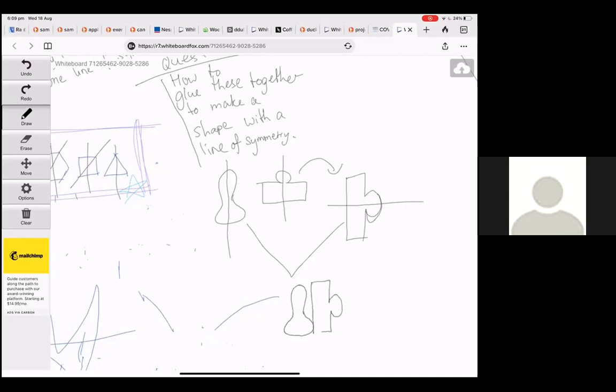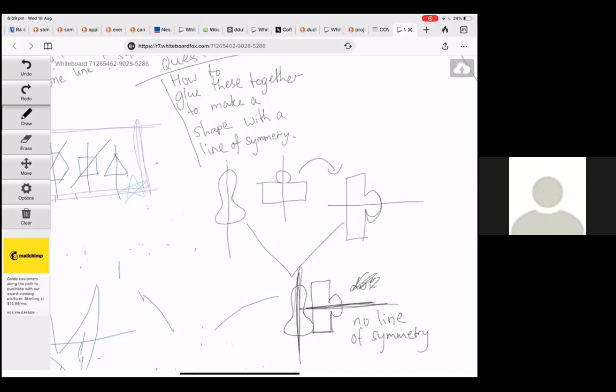Does this have a line of symmetry? No. So this has no line of symmetry because the lines of symmetry are here. That means the total shape has no line of symmetry. In the second shape, the only line of symmetry is here, and in the first shape, the only line of symmetry is here.